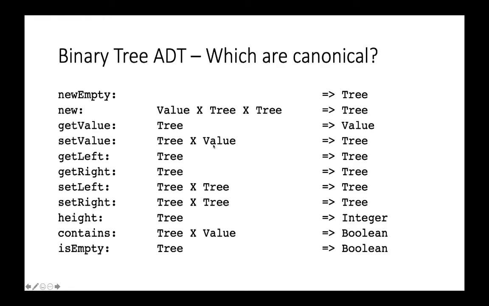So, again, we start with which ones are canonical. Those are the ones we need in order to be able to create any possible version of the tree, right? Well, we need the empty tree because that has to be the tree at the bottom. That's going to be our leaves.